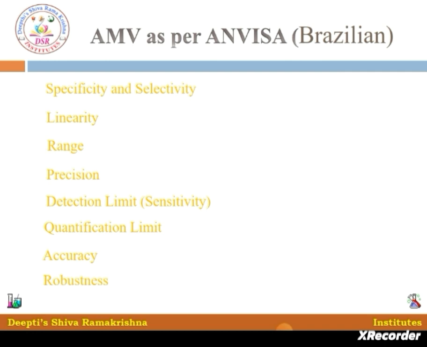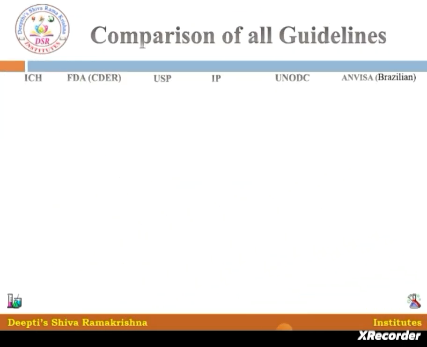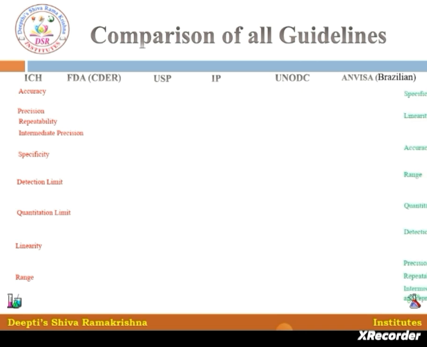So we will check all the guidelines at a single time. So, the comparison of all these guidelines: ICH, FDA, USP, IP, UNODC, ANVISA. As per ICH, these parameters are given.